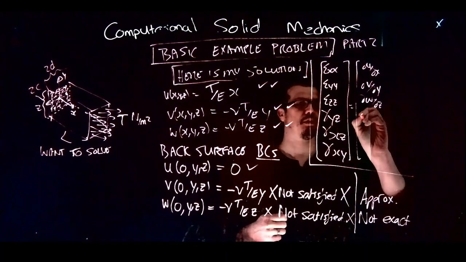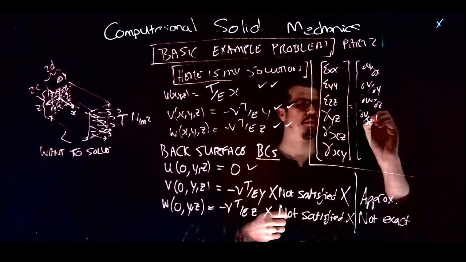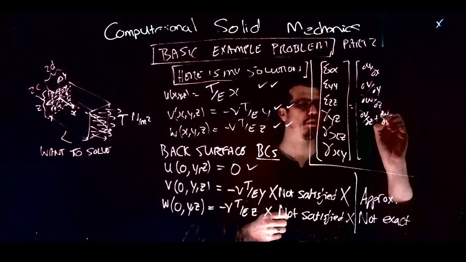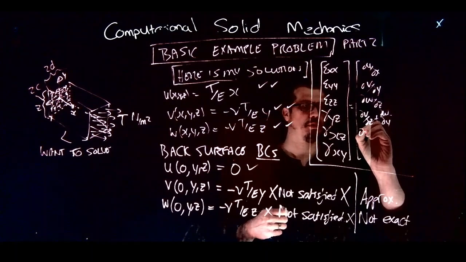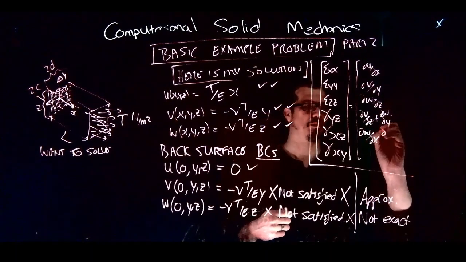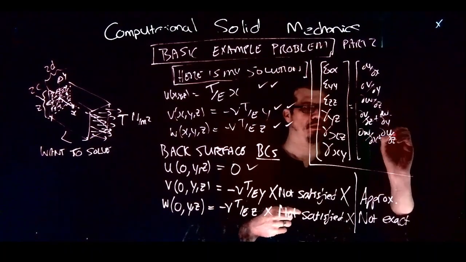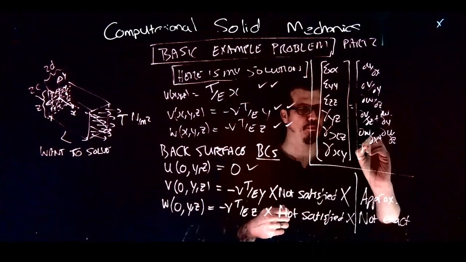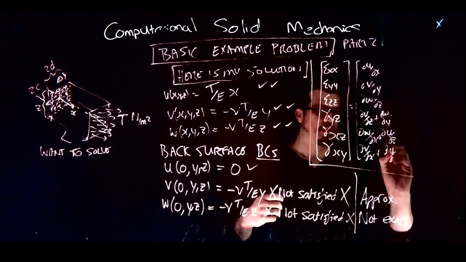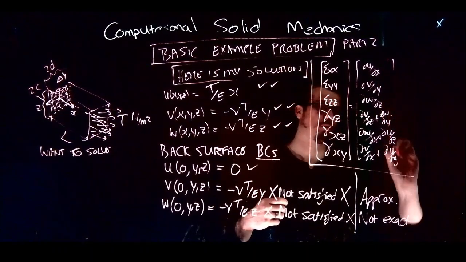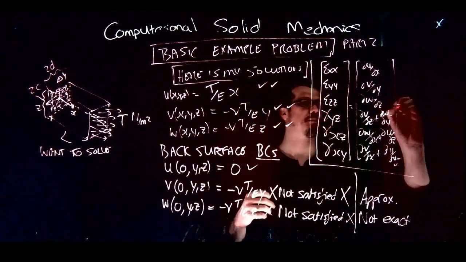This is then essentially partial v, partial z, plus partial w, partial y, partial w, partial x, and partial u, partial z, and this is partial v, partial x, plus partial u, partial y. Okay, so that is essentially what we have. So all that we should do now is compute these partial derivatives of a field that's given to us. This is really just basic mathematics that we're going to be doing.